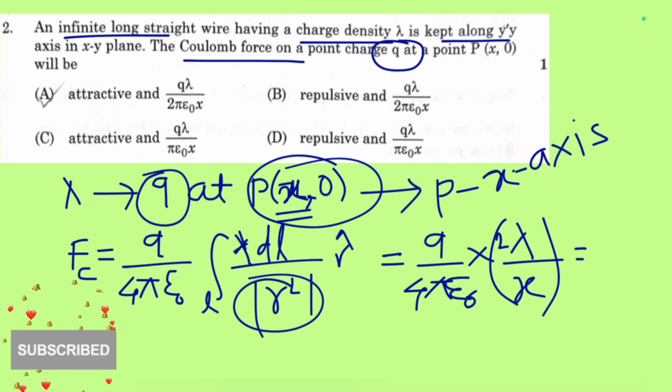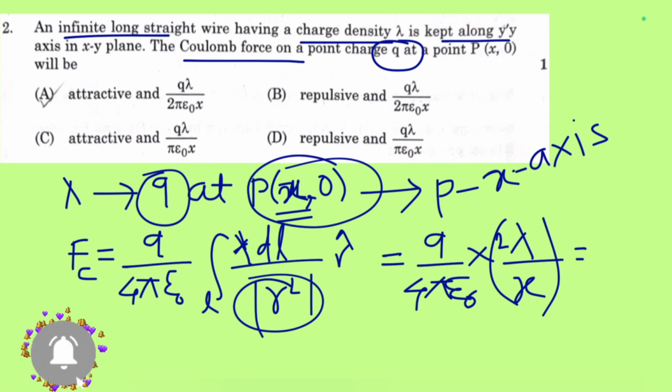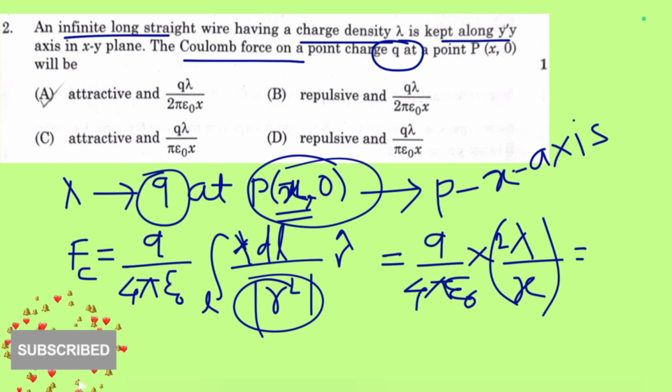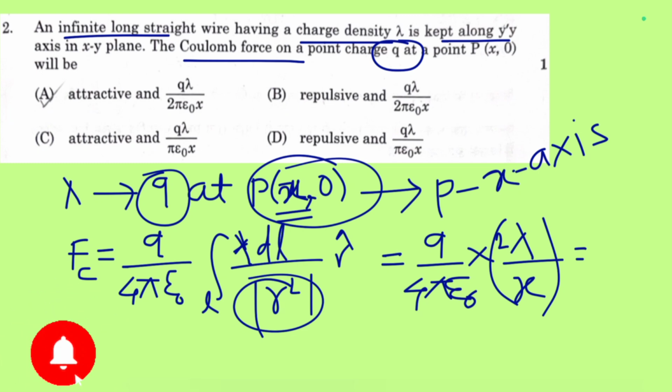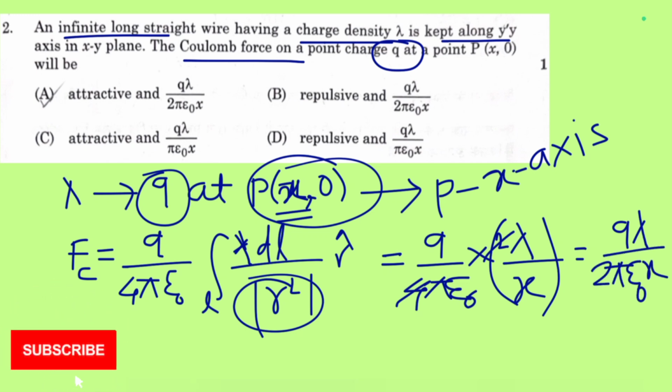If you are students of physics or maths, then it's fine. If you are students of the biology group, that is PCB group, sometimes it can get very hectic for you to see how it comes. So you can just roughly solve it. Here 2 divided by 4 is 2, so it will become q lambda upon 2 pi epsilon naught x.